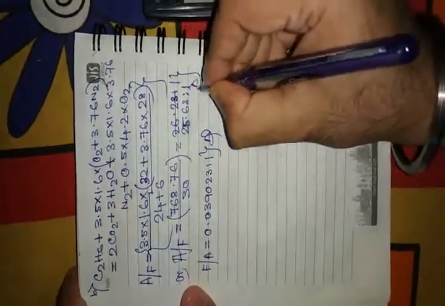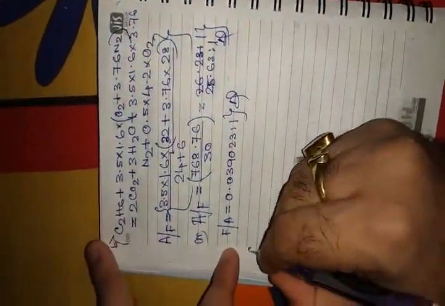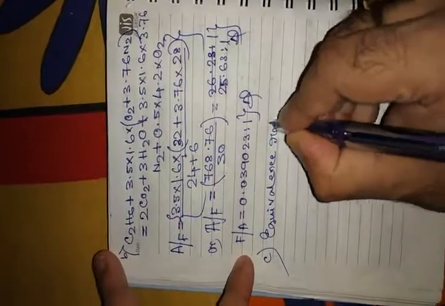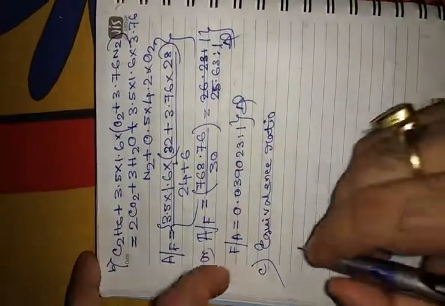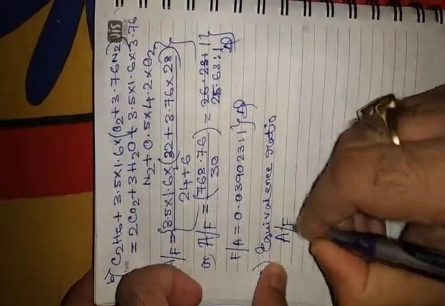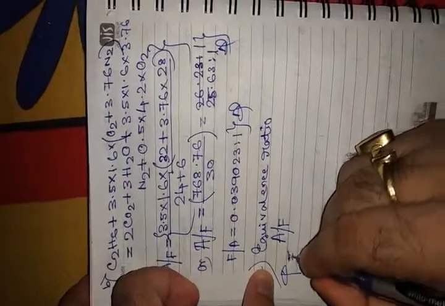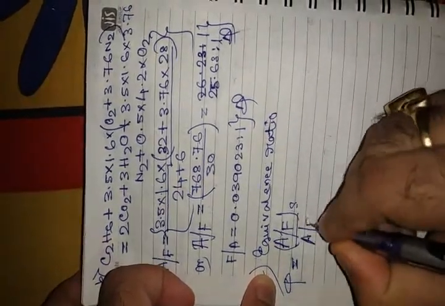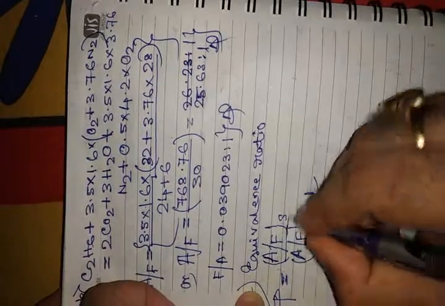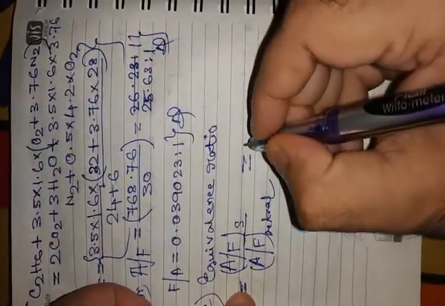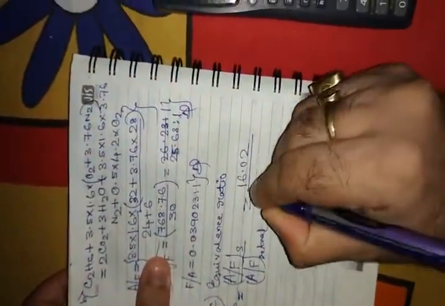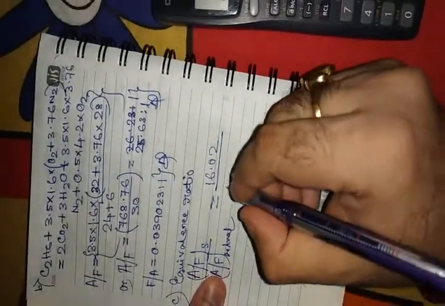Okay, now the equivalence ratio, that is the third part. The equivalence ratio, denoted by phi, equals the stoichiometric air-fuel ratio divided by the actual air-fuel ratio. The stoichiometric air-fuel ratio is 16.02 is to 1, and the actual air-fuel ratio is 25.63 is to 1.